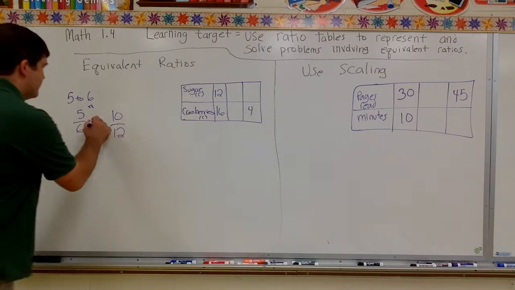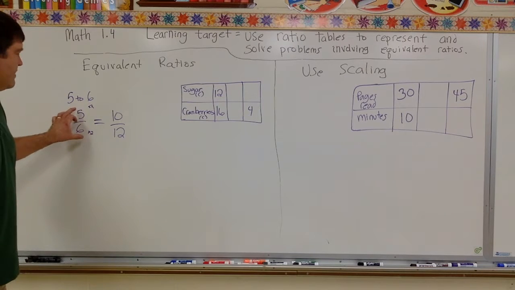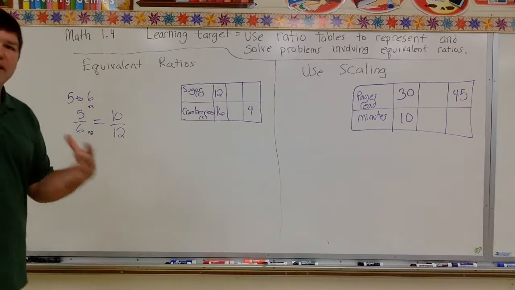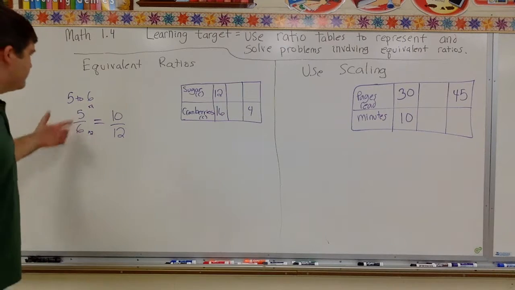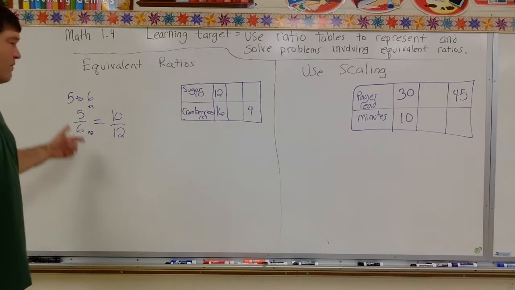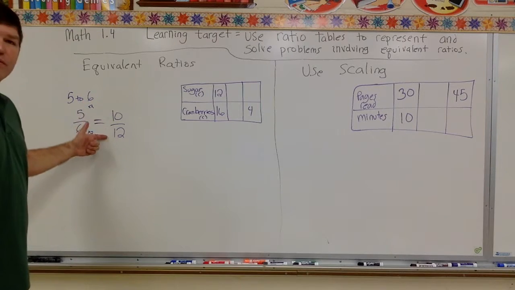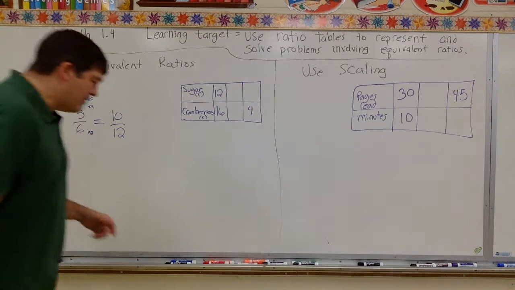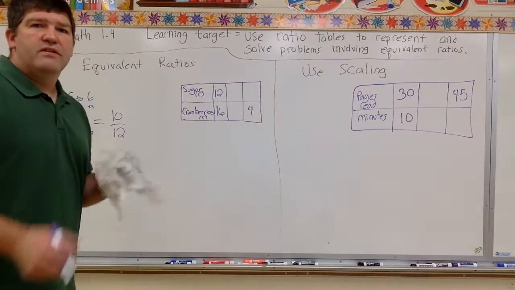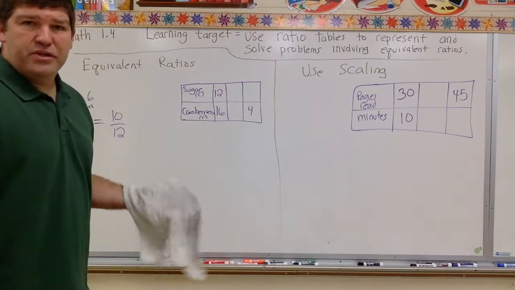You can see how these are equal. I did the same to the top and the bottom. Once it's a fraction, you can see how it's equivalent. It's just a ratio. 5 to 6 is the same as 10 to 12, or 5/6 is the same as 10 twelfths. If you think of it as fractions, then you're thinking equivalent fractions, which is similar to equivalent ratios.